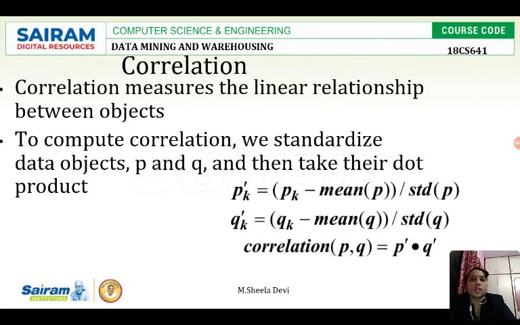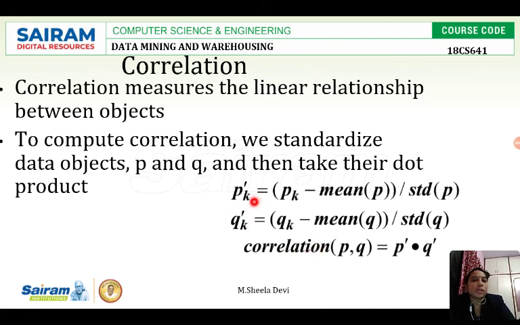Next is correlation. What is the correlation measure? It measures the linear relationship, how the two objects are linearly related. To compute the correlation, we standardize data objects p and q and then take their dot product. This is the formula to calculate the correlation.